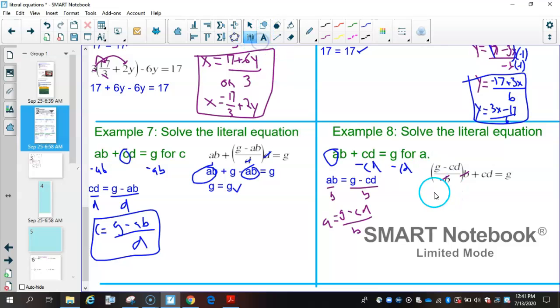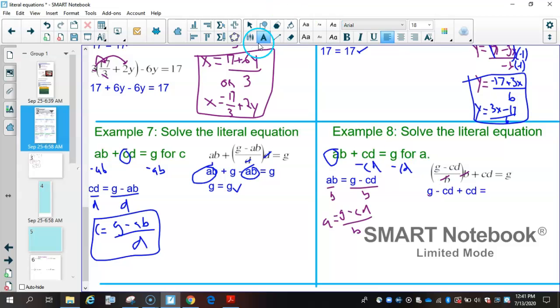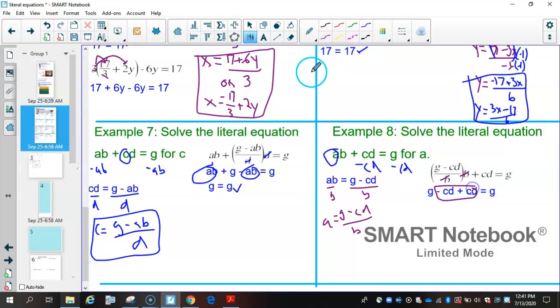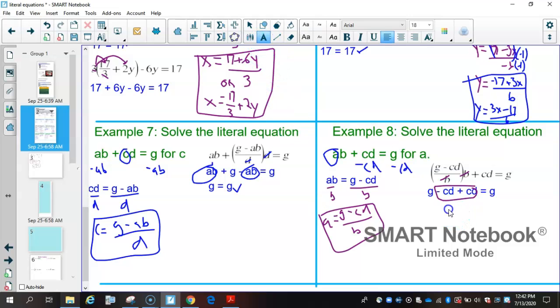And then we're left with G minus CD plus CD equals G. We have like terms that we can combine. I never boxed this in. And then once we combine those like terms, we end up with G equals G.